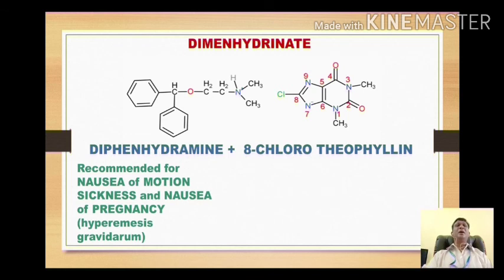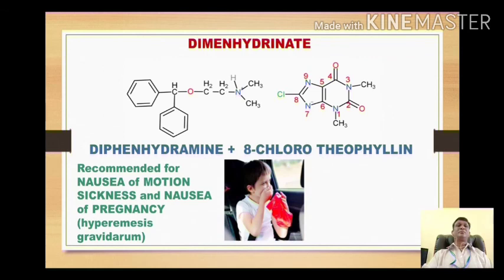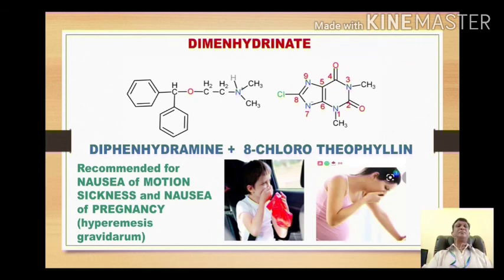This drug is recommended for the treatment of nausea associated with motion sickness and pregnancy. Many times during traveling, many people suffer from this motion sickness. So dimenhydrinate is a good choice for relief from motion sickness. The nausea associated with pregnancy is also treated with dimenhydrinate.